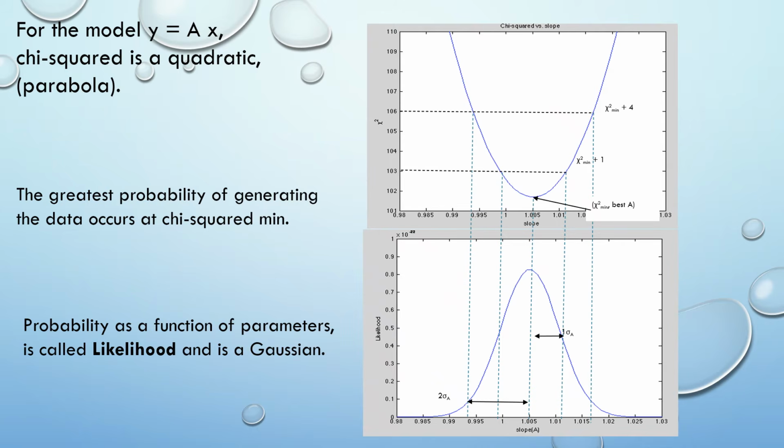Probability as a function of parameters is generally called likelihood, not probability. The minimum value of chi-squared, that is the vertex of the parabola, corresponds to the maximum likelihood, that is the peak of the Gaussian. In this example, the best fit slope is the value along the x-axis at the minimum of the parabola.